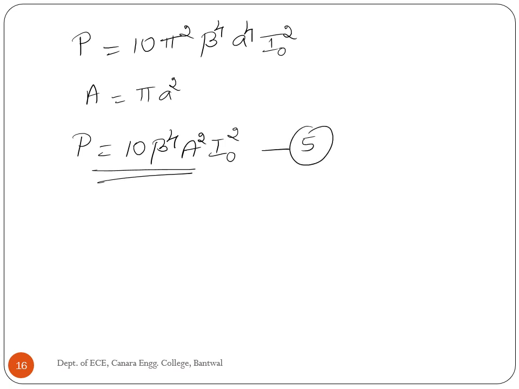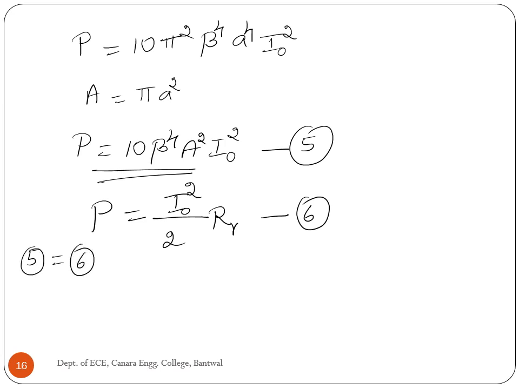The power is equated to the square of the effective current on the loop times the radiation resistance, then it is given by I naught square by 2 into RR. Equate equations 5 and 6.